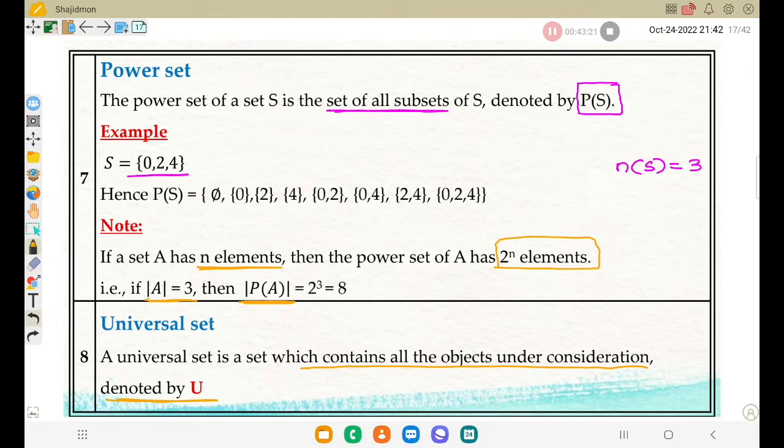For example, the set of real numbers is the universal set in the real number system. Capital R, because all the numbers are there: natural numbers, integers, rational numbers, irrational numbers, all the numbers together, correct, the real numbers. So that real number system we can call the universal set. Likewise, all the elements under consideration, that is what we are calling the universal set.